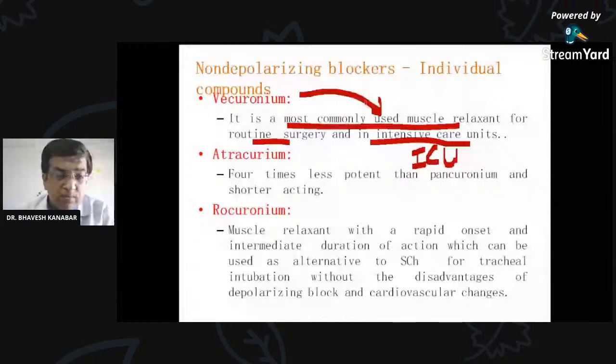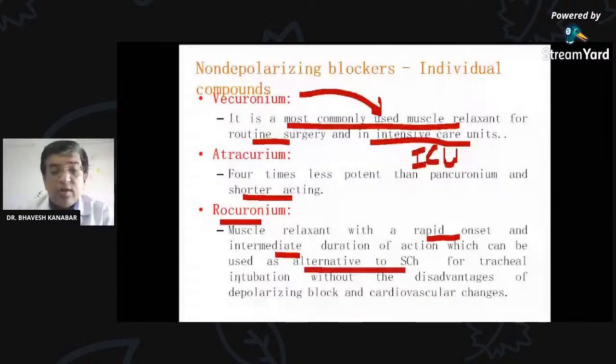Atracurium is 4 times less potent than pancuronium and shorter acting. Rocuronium is a muscle relaxant with rapid onset and intermediate duration of action, which can be used as an alternative to succinylcholine for tracheal intubation. So in tracheal intubation, succinylcholine as well as rocuronium can be used.